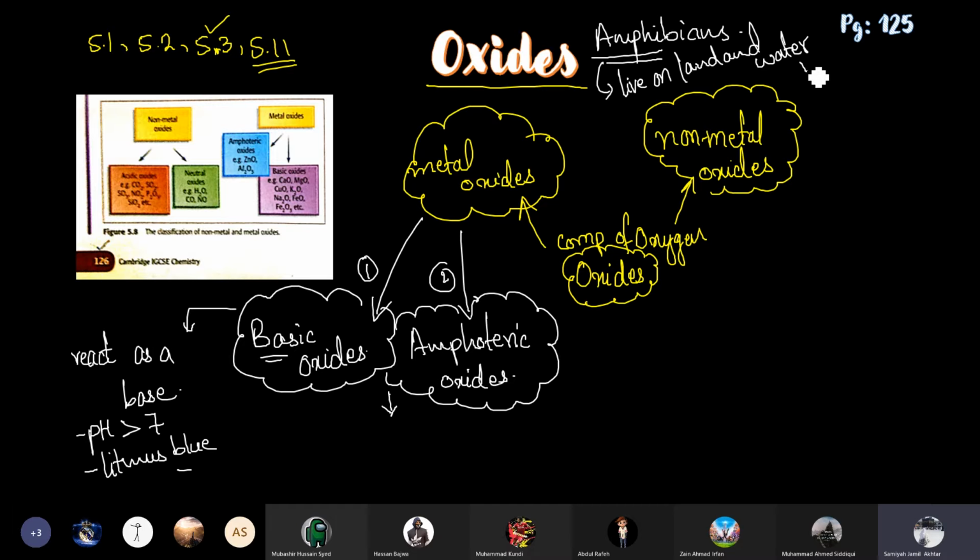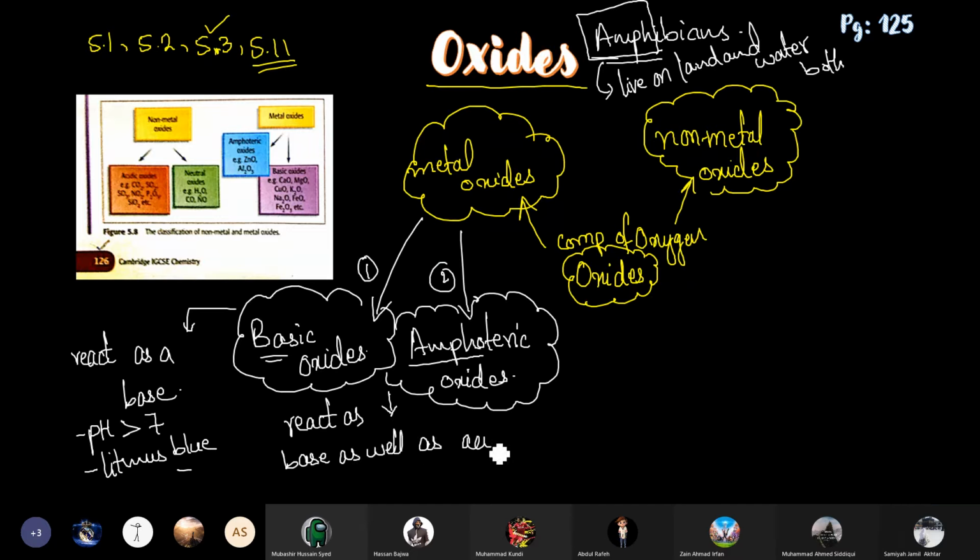So it's the combination of two things, land and water. Amphibians are those animals which can survive on both. From the word amph, the same word is used here, amphoteric. Amphoteric oxides are those oxides which can react as a base as well as an acid, so they have the properties of both.